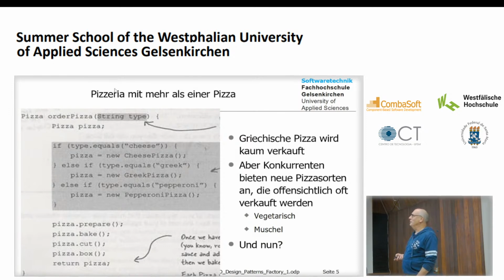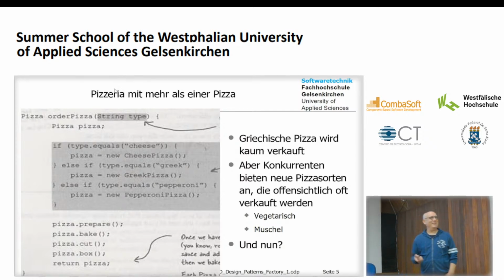Now you see that Greek pizza, you don't like it, so many people obviously do not like Greek pizza, so it is not sold anymore. But there are other pizzas from your other pizzerias which are sold quite well, which is vegetarian, and what do you call it? Clam?